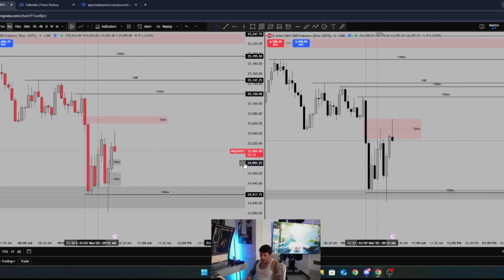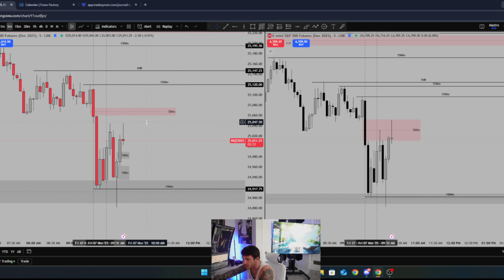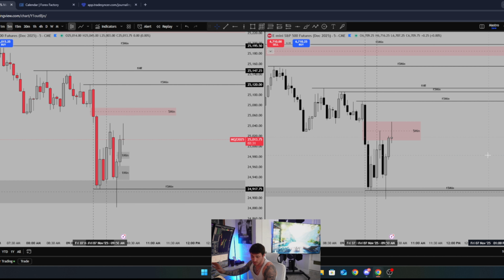Yep, just keep an eye out on this high, right? ES took this out. Again, trust yourself in your own trades, but we could form a 5 minute S&T off this high. I'm just pointing that out. But trust yourself, trust your exits, trust your game plan, trust your emotions. You're your own trader. Don't listen to what I say. I'm just giving advice. That's it.